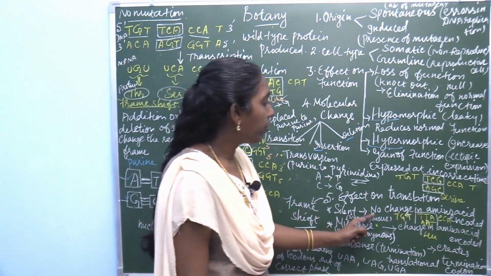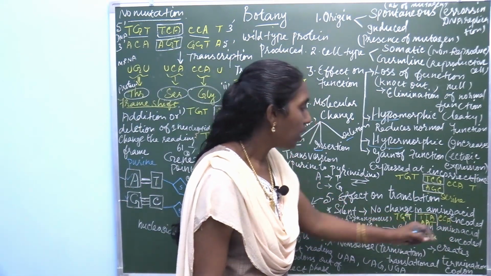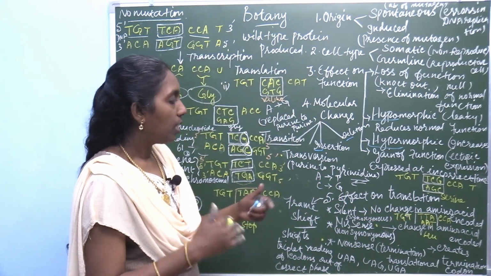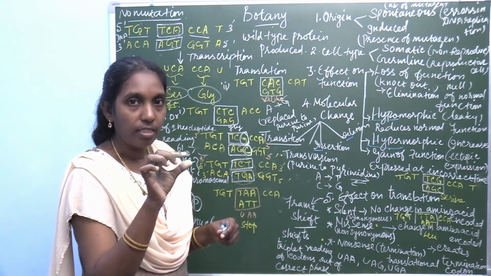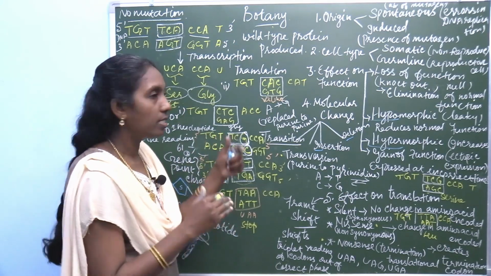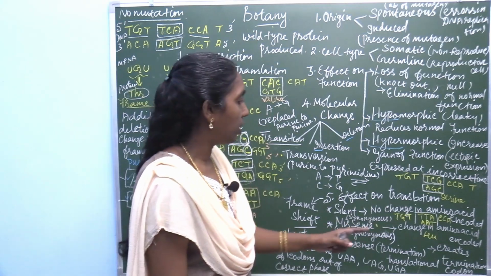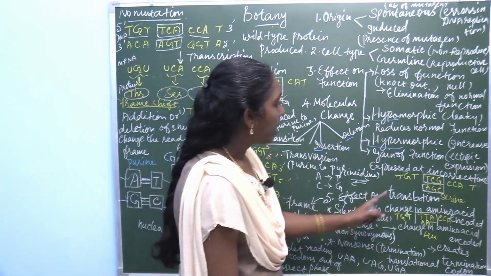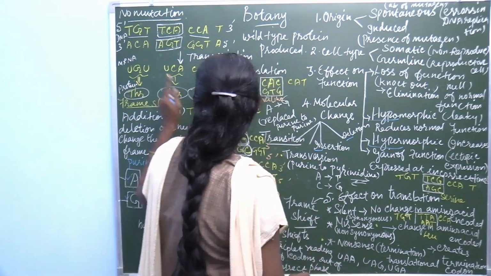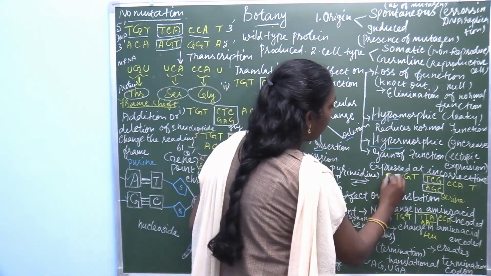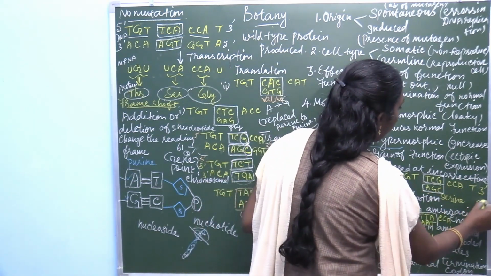What is this silent mutation? In silent mutation, there is no change in the amino acid encoded. The sequence may change, but when the amino acid is read out, there is no change. For example, see this silent mutation. Here the normal sequence is 5' to 3', and here 3' to 5'.